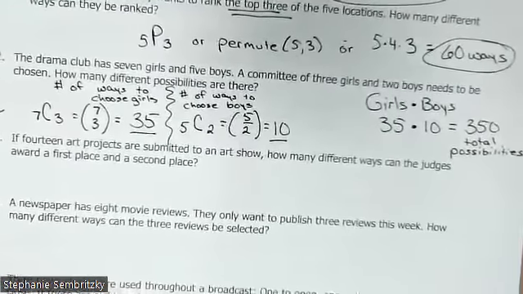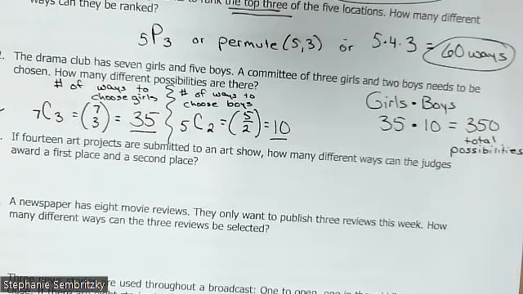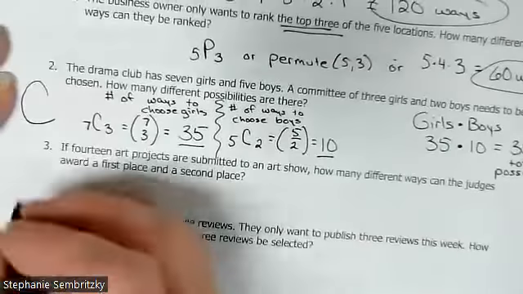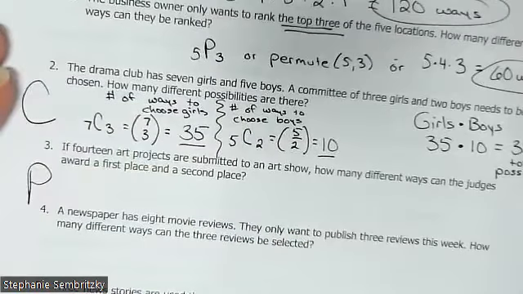All right. 14 art projects are submitted to an art show. How many different ways can the judges award first and second place? Is this a permutation or a combination? Permutation means order matters. So this is first and second place.